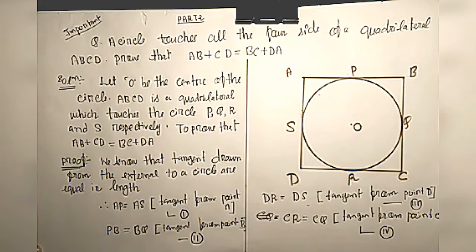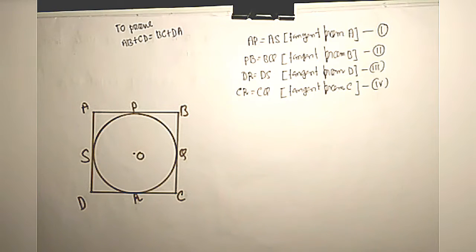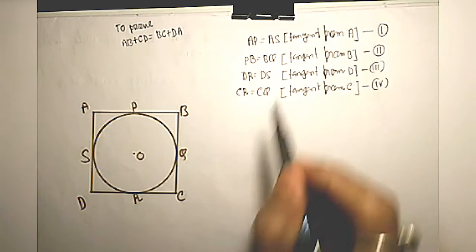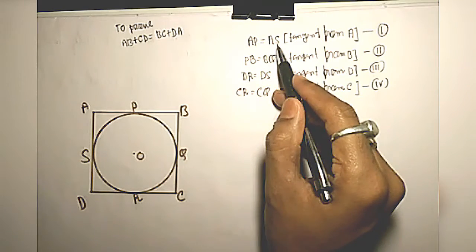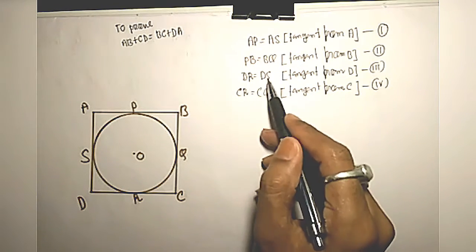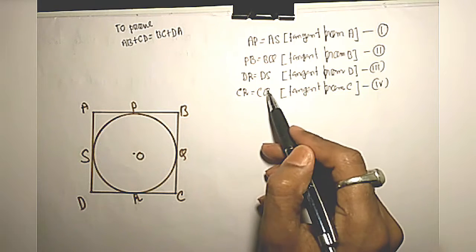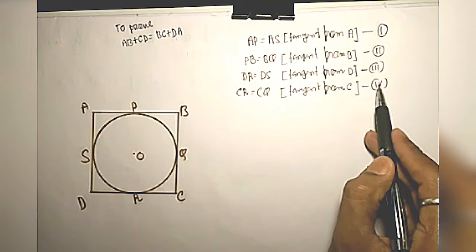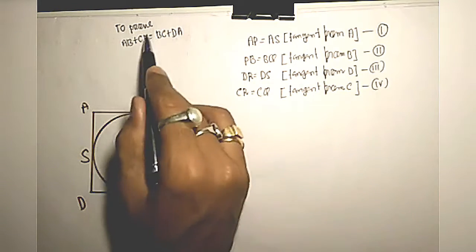So we get 4 equations. From previous steps, we get AP equals AS, equation 1; BP equals BQ, equation 2; DR equals DS, equation 3; and CR equals CQ, equation 4.